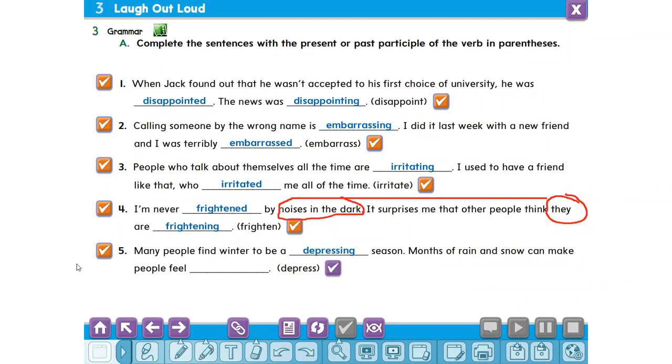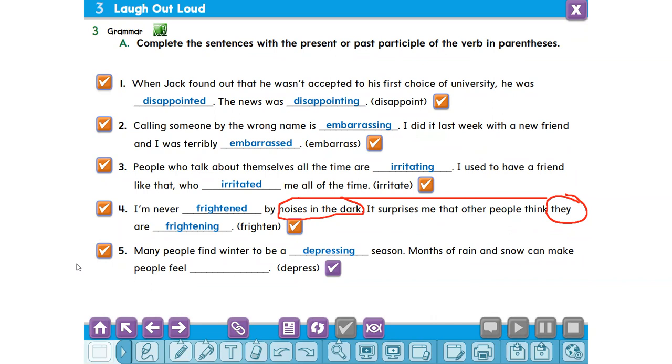Next sentence. Yes, Yusuf, go on, my friend. Months of rain and snow can make people feel depressed. Maybe depressing or depressed. It depends.